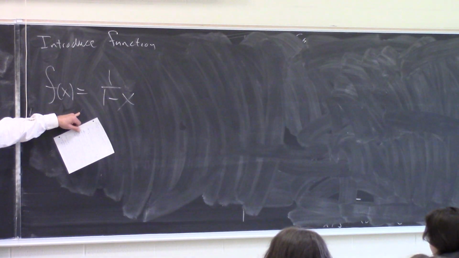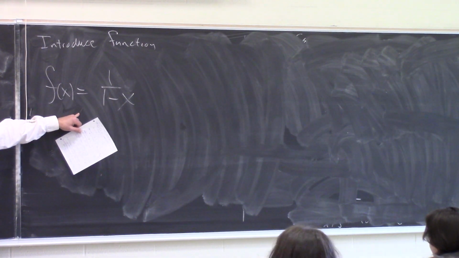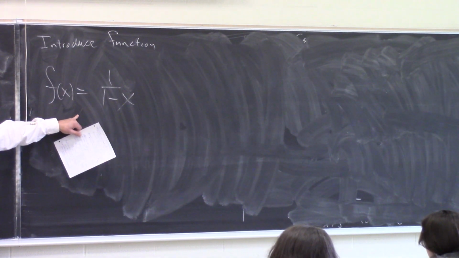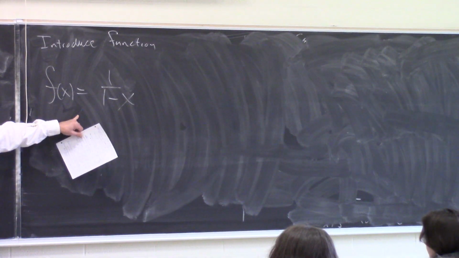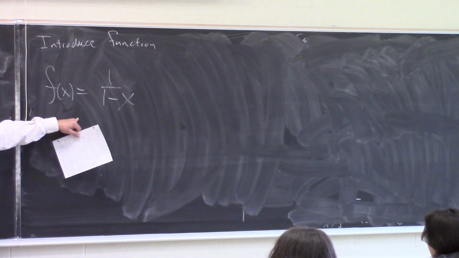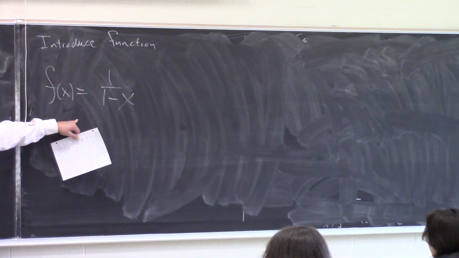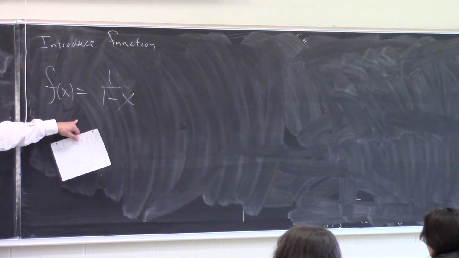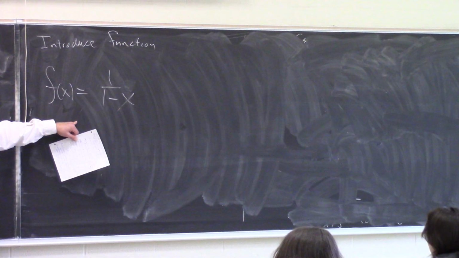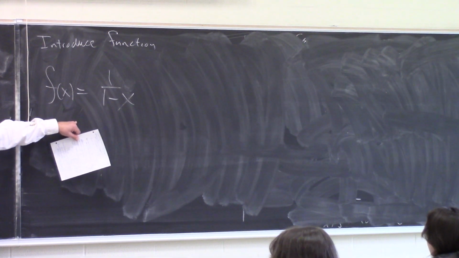Notice that's a rational function. It's a ratio of polynomials. I'm only going to call on somebody who has not answered already. So let's get some hands up. So, for instance, when x is equal to 5, what's the y value? Negative 1/4. When x is equal to minus 3, what's the y value? 1/4. Good. When x is equal to 1, what's the y value? So, Ian, what's the domain?